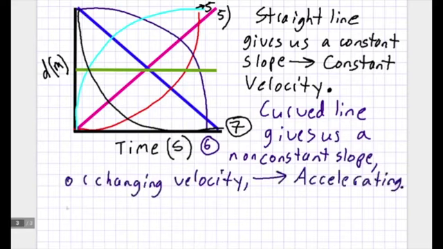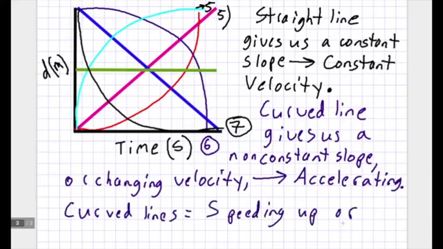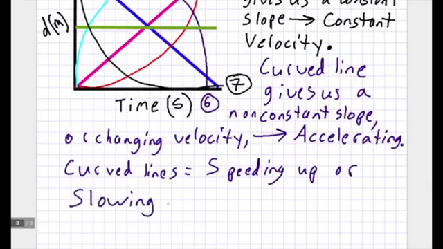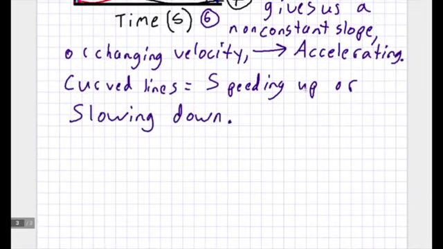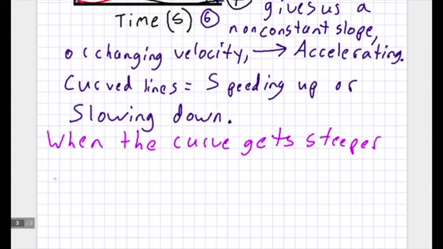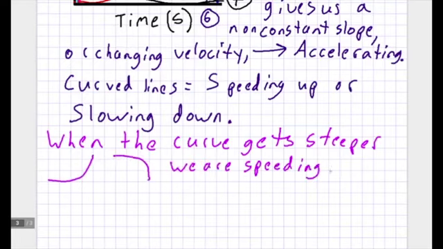Let's quickly talk about how we can identify when that curved line is either speeding up or slowing down. As we mentioned before, slope will give us the velocity. So that means that if the slope is getting steeper and steeper, that means that our velocity is getting faster and faster, which means that we are speeding up, and it's going to look something like this.